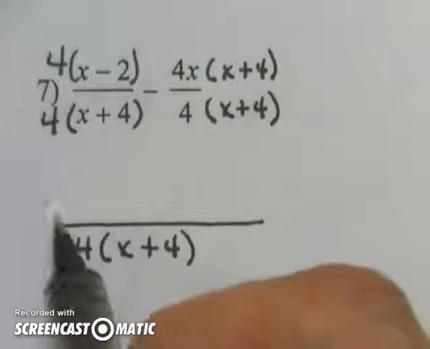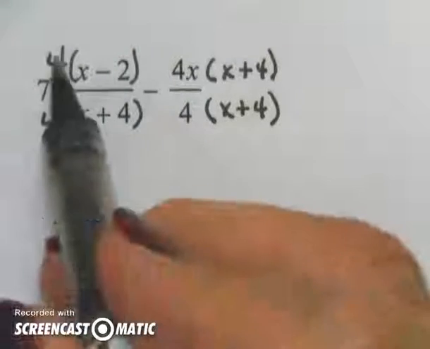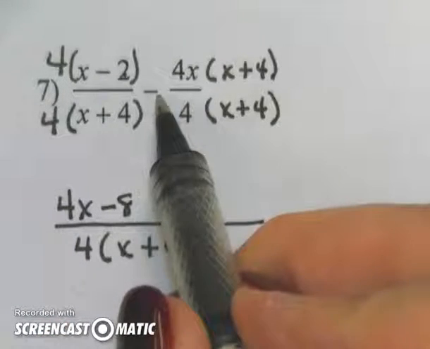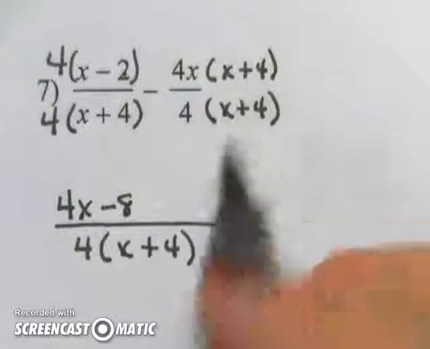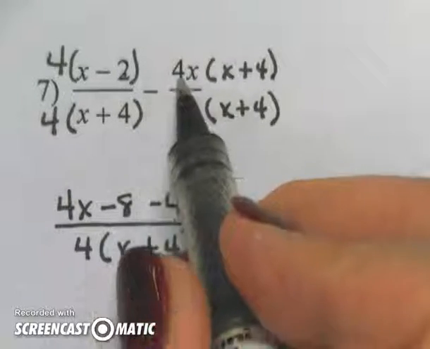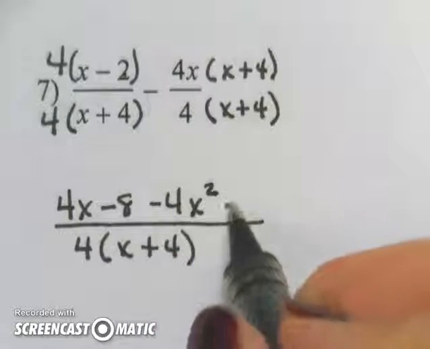4 times x minus 4 times 2. Now minus 4x times x, minus 4x times 4.